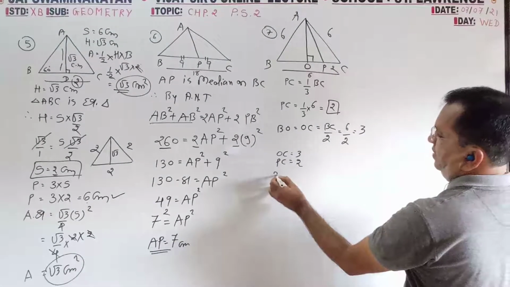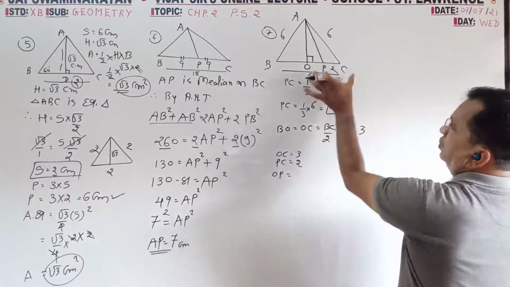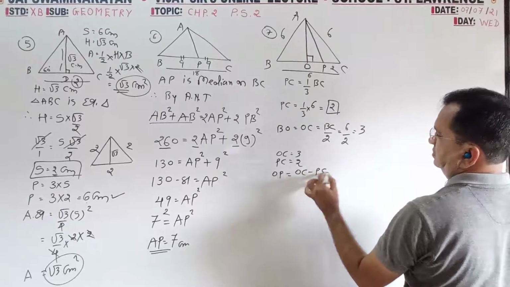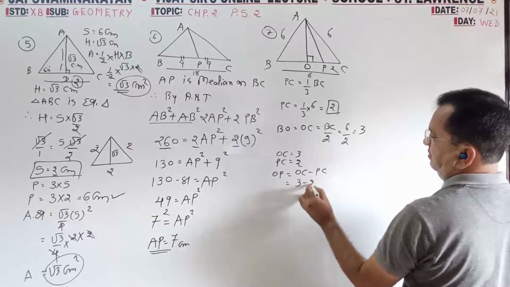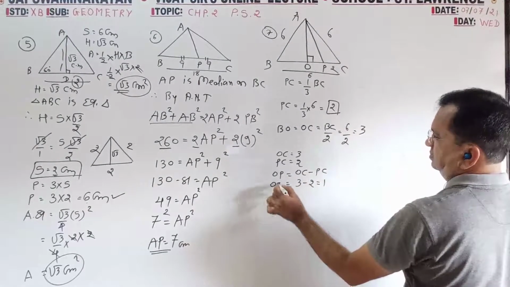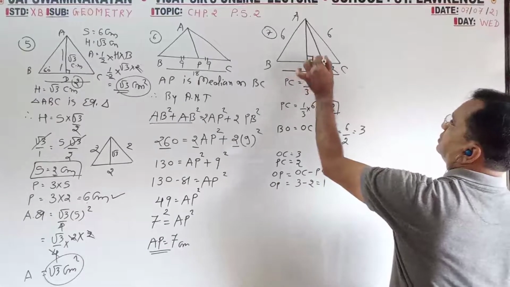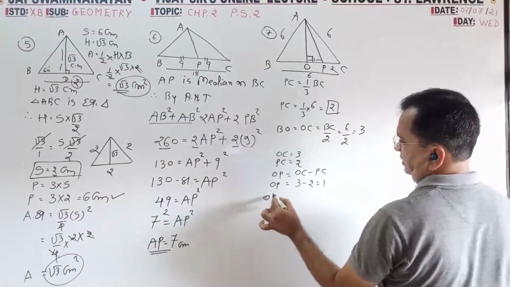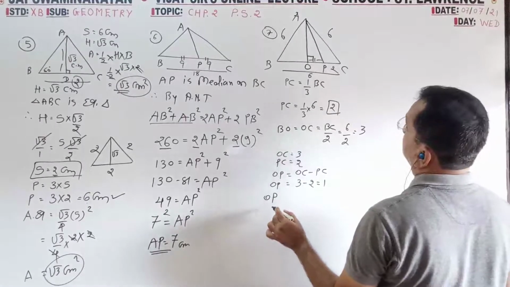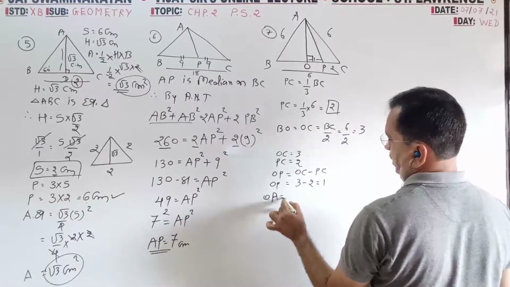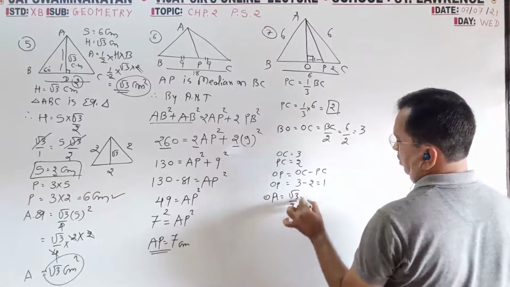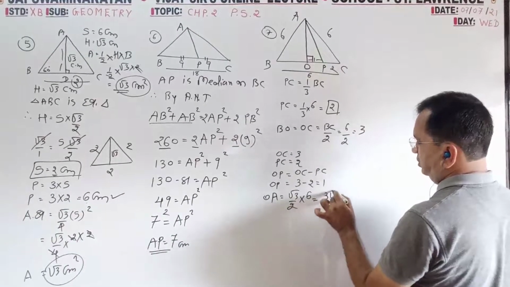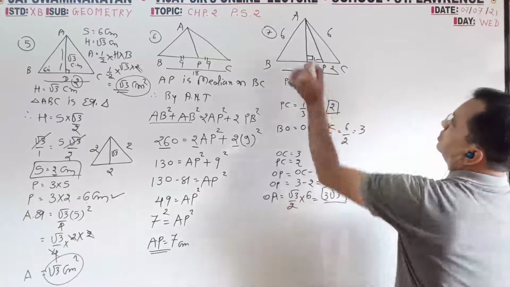So OP is equal to OC minus PC, 3 minus 2, it is 1. So this much is 1. Now height, OA is the height. OA is equal to root 3 by 2 of side, means 6. So it is 3 root 3.